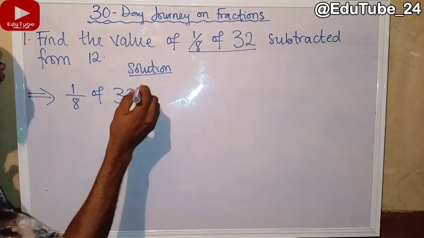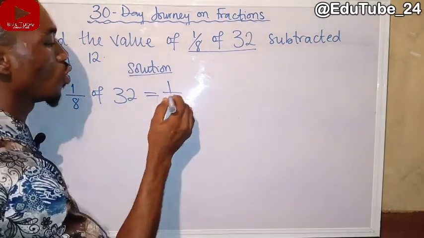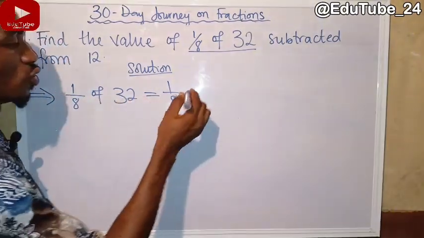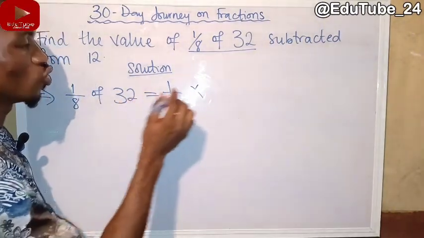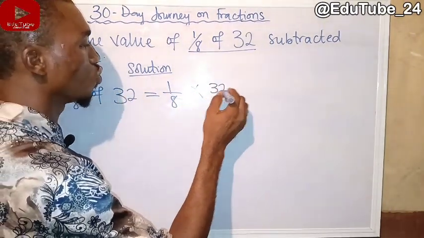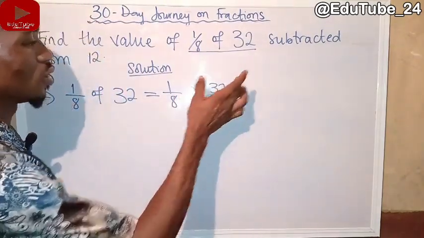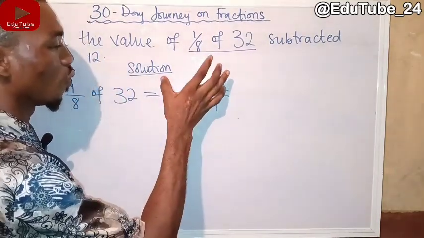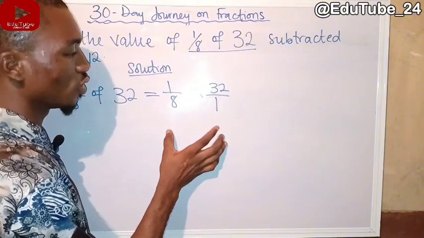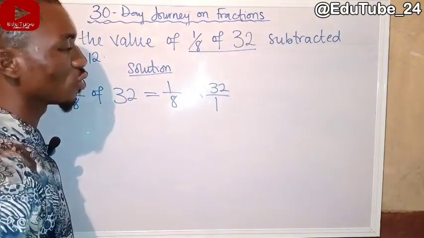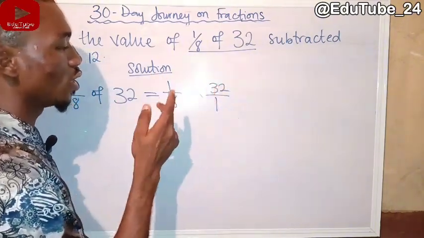Now I'm going to rewrite these as 1/8. The "of" will turn to times, and the 32 will become 32/1. As we have been learning, when we multiply fractions like this, we look for common factors of the numerators and denominators.